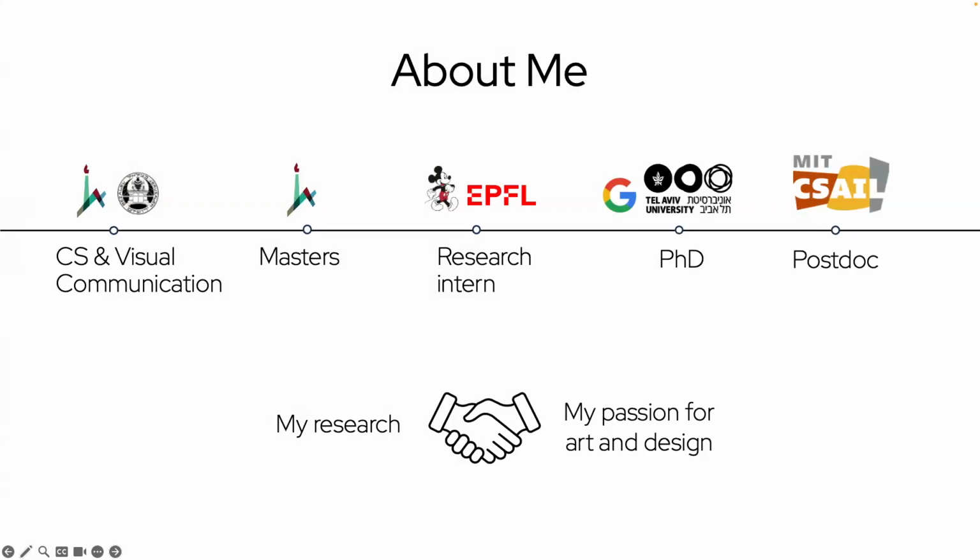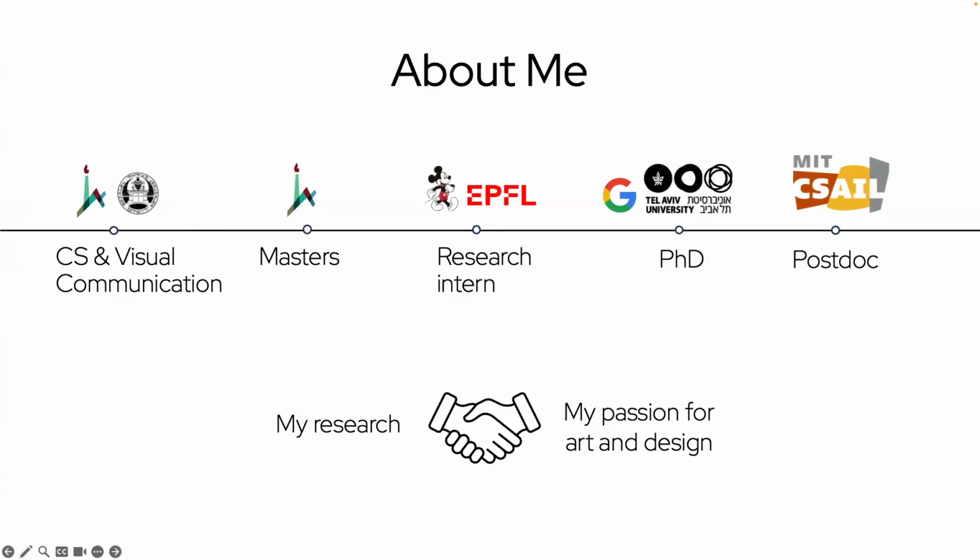So yeah, I'm currently a postdoc at MIT. I did my PhD at the University and my master's at the University. I also got a chance to spend some time in Switzerland. I worked at Disney Research and Deep Research. And during my PhD, I also worked at Google Research. And before all of that, as an undergrad, in addition to computer science, I also studied visual communication design at Bezalel.